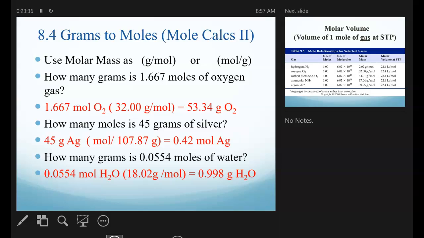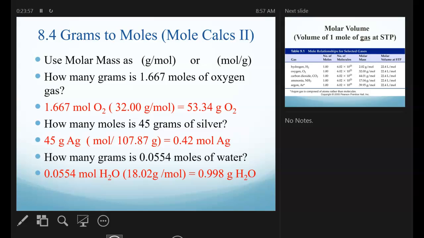Why don't you round? It can be 1.01 or you can use 1.